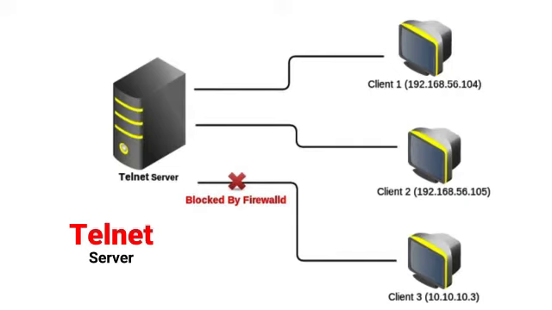But there is another client 3 which is from a different IP. It is not getting connected because it has been blocked by the firewall. A firewall is a kind of gateway which allows or disallows any client to enter the server. So that is how it takes place in a Telnet server.